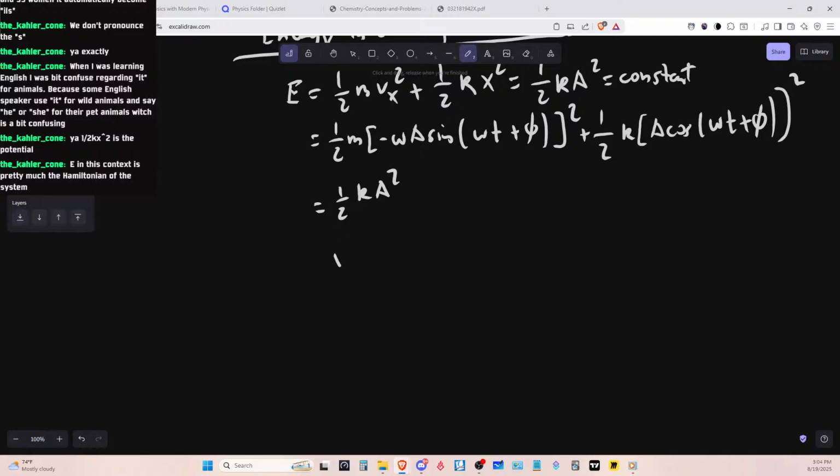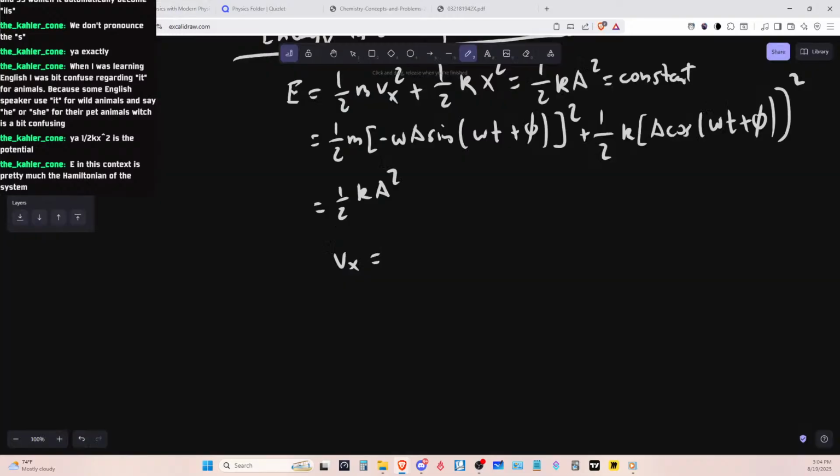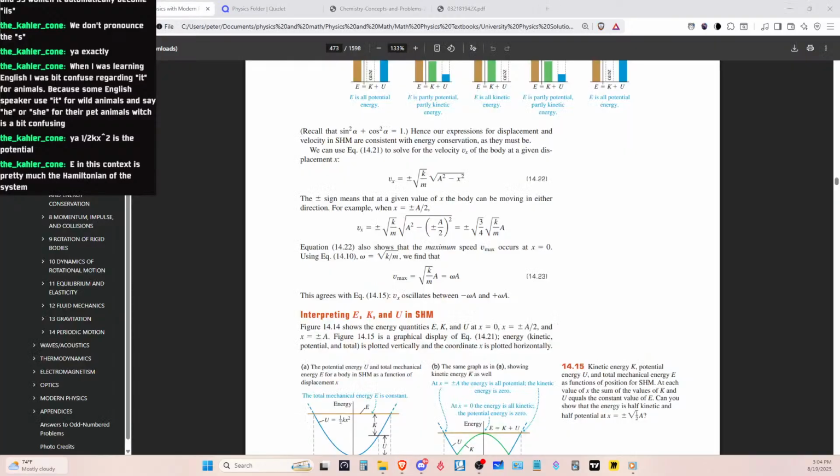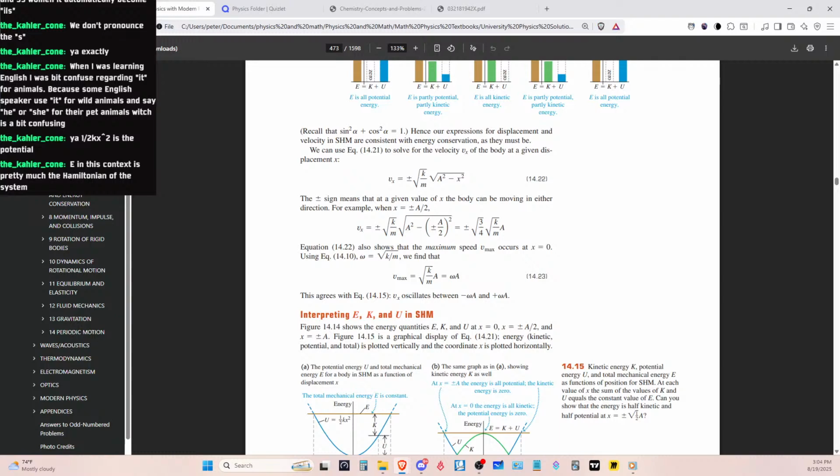So in this case, Vx is equal to plus or minus the square root of k over m, then we have the amplitude squared minus the position squared, which we can break down even further.